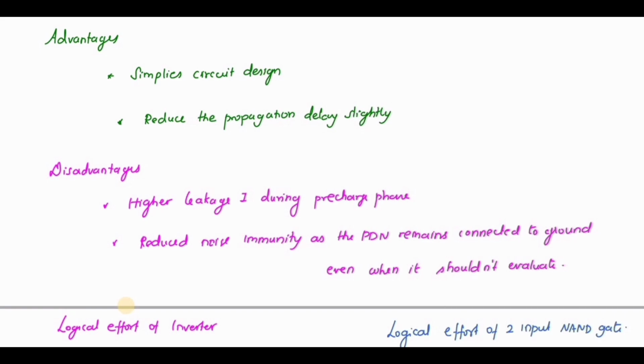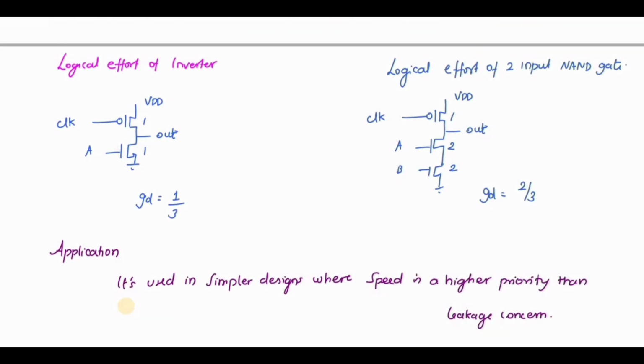Let us discuss how to calculate the logical effort for an inverter for unfooted dynamic CMOS logic. You can see the PMOS value is always 1, and for A we connect 1. So the GD value is equal to the A value, that is 1 divided by 3. If you calculate the logical effort for the 2-input AND gate, the clock PMOS value is always 1, and since I have 2 transistors connected in series, A value is 2 and B value is 2.